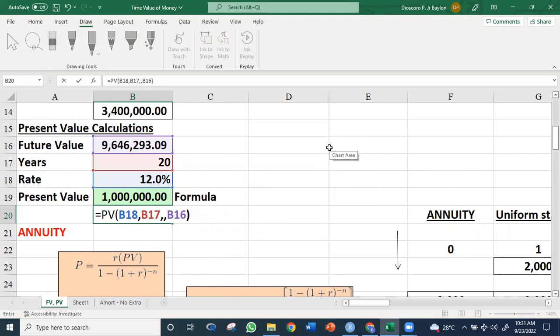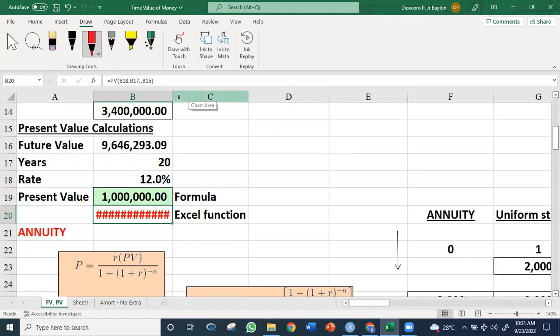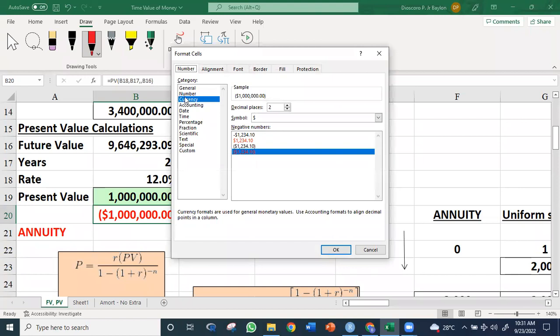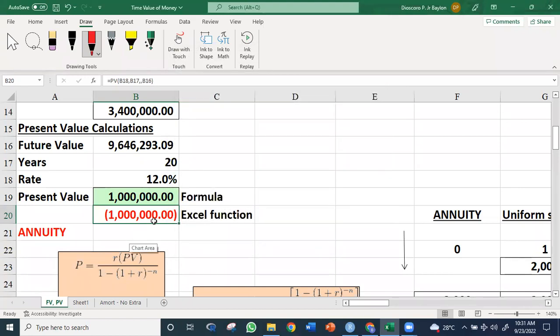And if I press enter, I expect to get 1 million also, but I'm getting negative 1 million, because I said control 1, we can just make it a currency number. I'm getting a negative answer here because Excel is treating this as both an inflow and a cash flow.